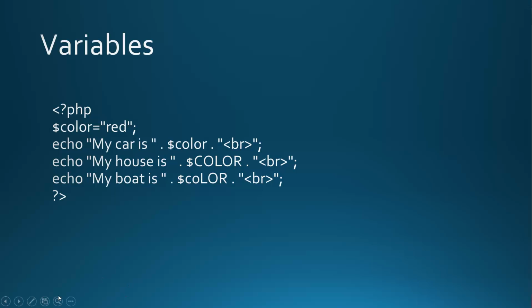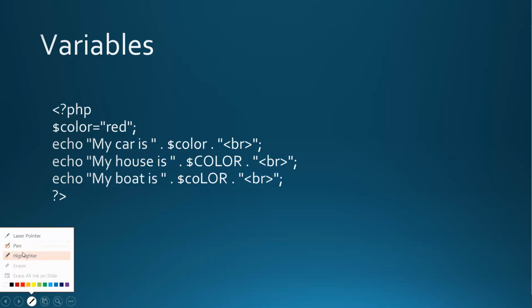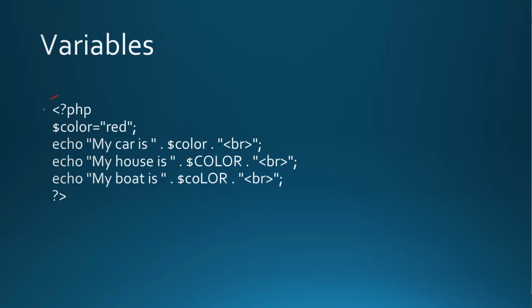I'm going to whip out my pen so that I can scratch a bit around here. So PHP, we've opened it up. That was the first thing we did. The second thing is we created a variable by using the dollar sign, and then we gave it a name. We called it color, and then we gave the actual content of what color is all about.